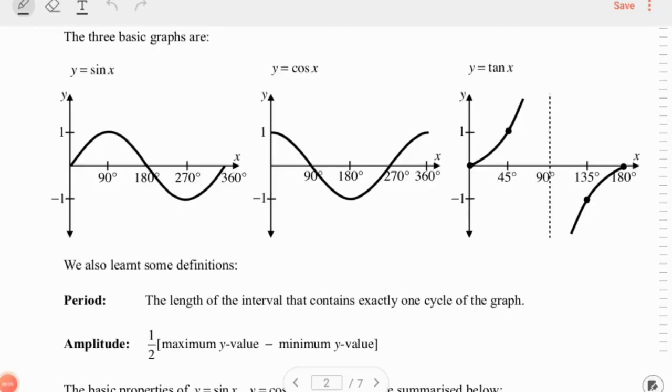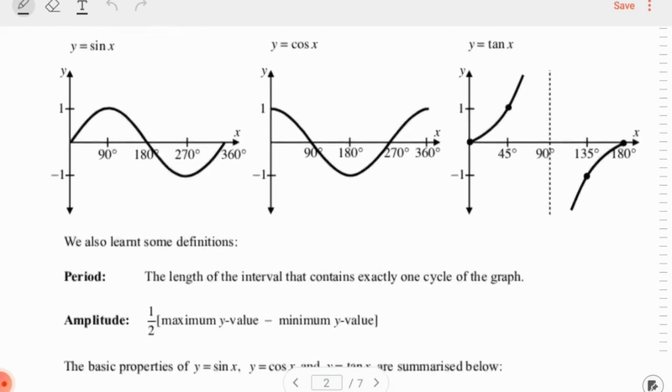So you need to have the three basic graphs in your head in order to be successful in answering some of the trigonometric functions, which are really quite easy to remember or draw if you don't remember them. Okay, so what are the properties of trig functions that you need to know? First, it is the period that we just discussed.